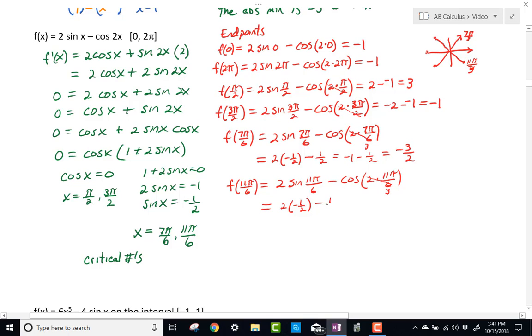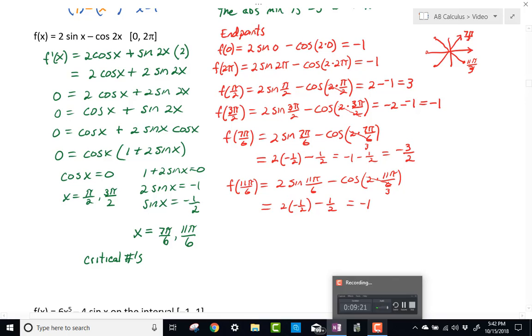So we're going to be subtracting 1/2. Did these two end up exactly the same? What did I do here? Cosine of 11 pi 6. 11 pi 6 times 2 is 11 pi thirds. That's definitely down here. Hang on, I have to check my math here.